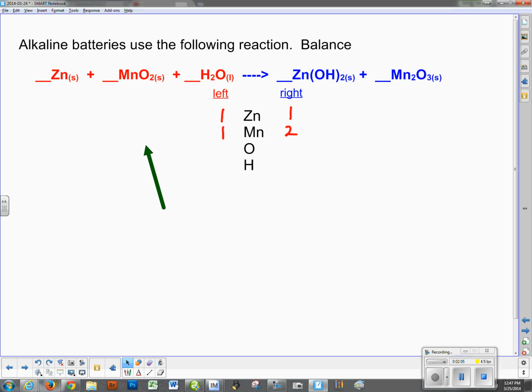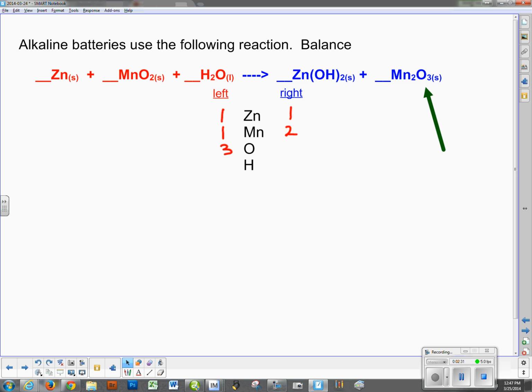Okay, let's come back now and see exactly what we do. We've got two guys here, so that's 2 times 1 is 2. We only have 1 oxygen here, and that gives us a total of 3 oxygens on the left. And over on the right side, we've got 2 times 1 is 2 oxygens from the zinc hydroxide, and 3 oxygens, 3 times 1 here.